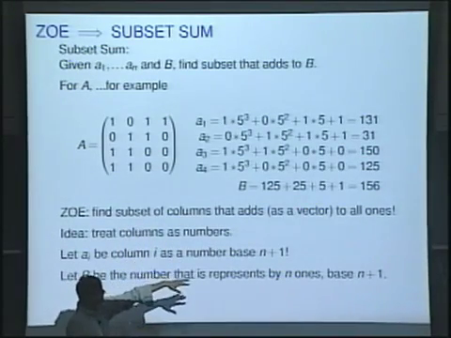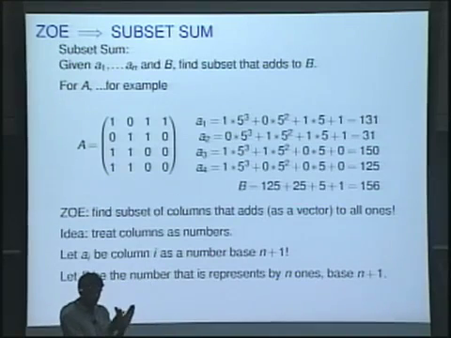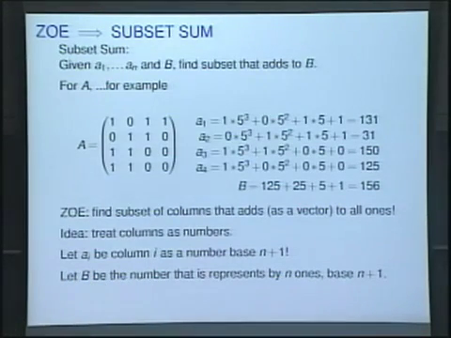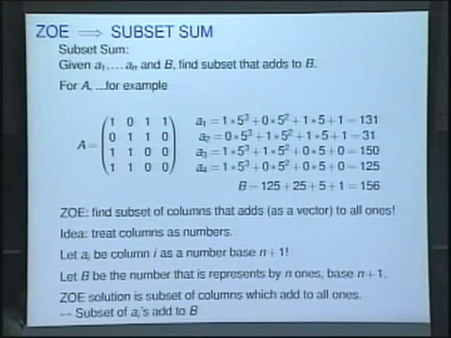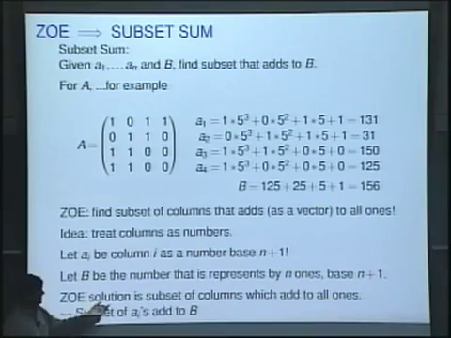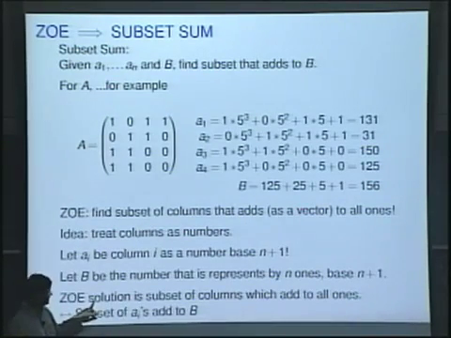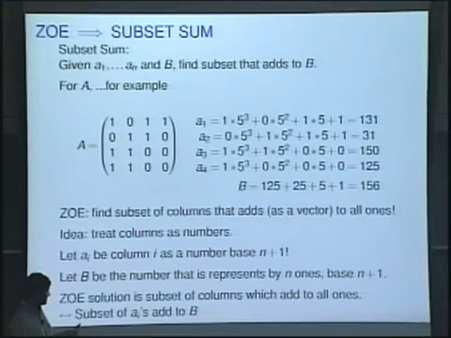This base n plus 1 makes sure that nothing that happens in one column will affect the next column, right? Because these are all just ones. So you'll never get a carry. So there is a 0, 1 equality solution that's a subset of columns if and only if there's a solution to the new problem.